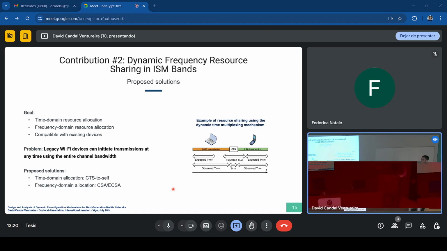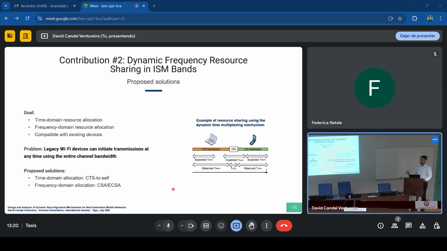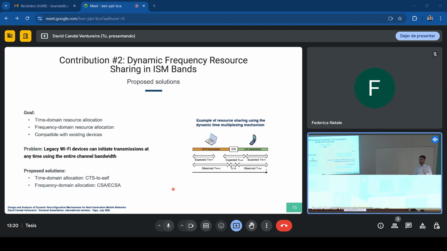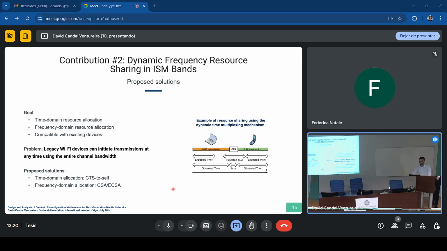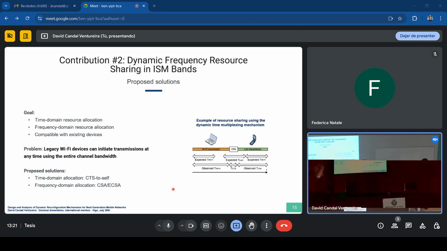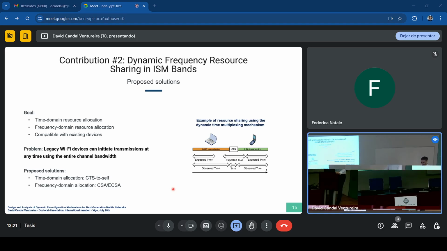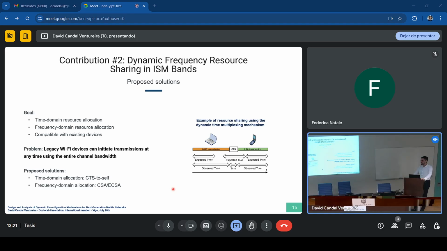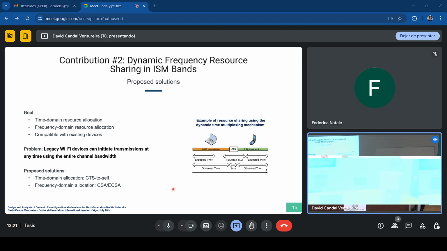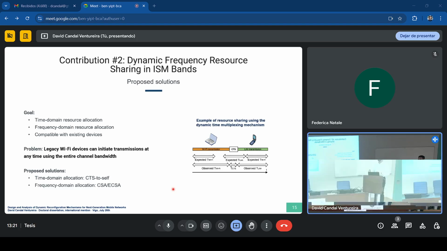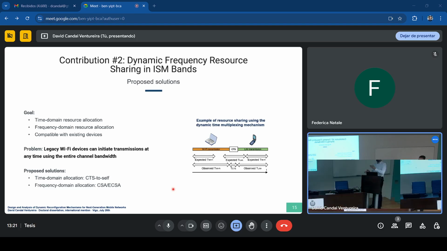However, when you allow Wi-Fi devices to transmit, I think I can explain it verbally. When the transmission is performed in the downlink, you can control when it ends.